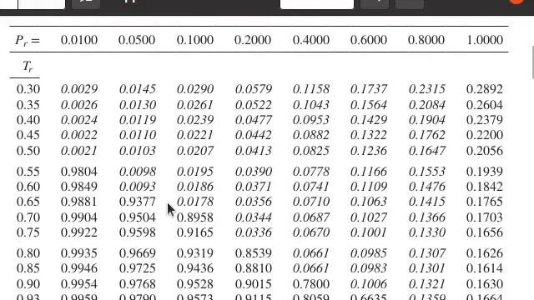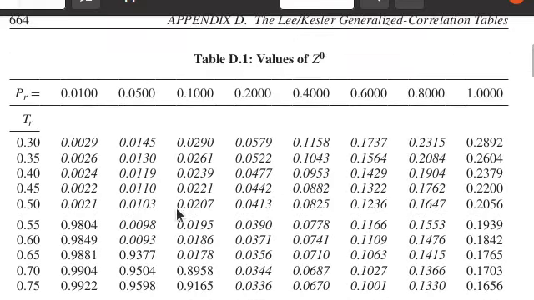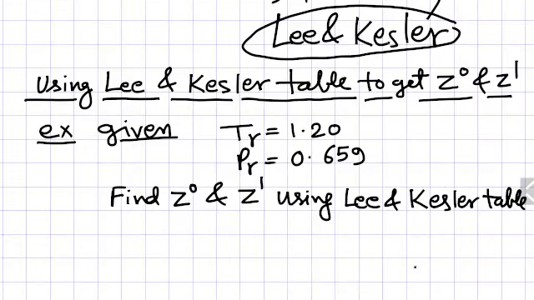Now I will demonstrate how to find this data. We will see how to use the Lee-Kessler tables to get Z0 and Z1. Here I have given you one example: you have been given reduced temperature and reduced pressure, and you have to find Z0 and Z1.